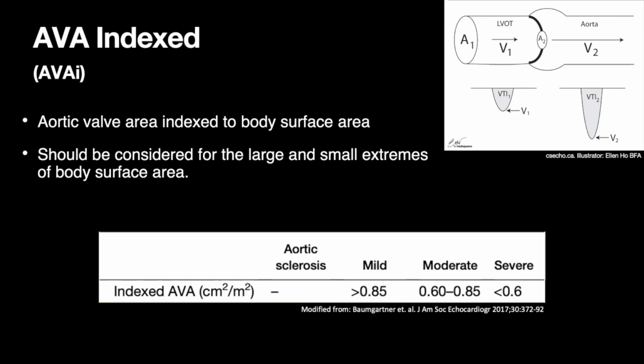A smaller person may not need as wide of an opening as a bigger person. So it's important to remember to index these findings to body surface area. And here we have the cutoffs, with 0.6 being the cutoff for severe aortic stenosis.